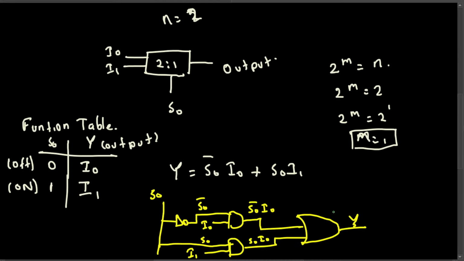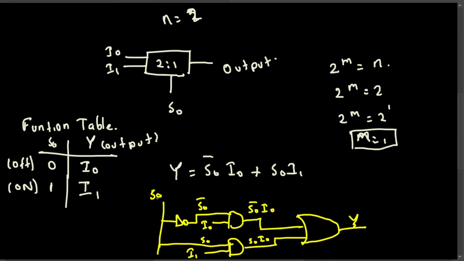So I0 will be the output. And here, the S0 input of 0 gives 0 and I1, and in an AND gate, a 0 turns the whole thing into 0, so there's no output coming from this. That's why I0 is the output when the input is 0.